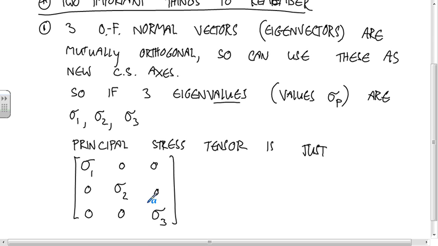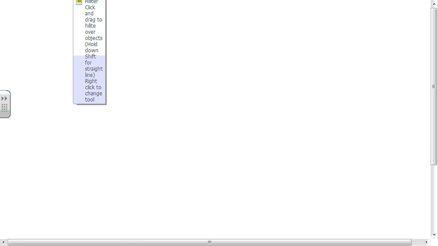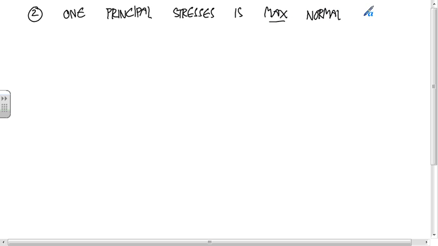And then the second thing to remember is one of your principal stresses is the max normal stress, which means no matter what orientation, no matter what coordinate system you look at this stress tensor in, you can't find one with a bigger normal stress than this.